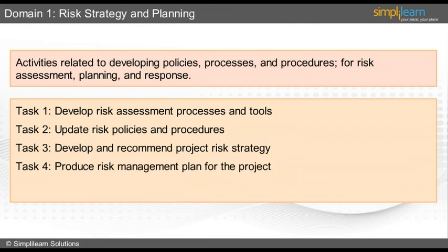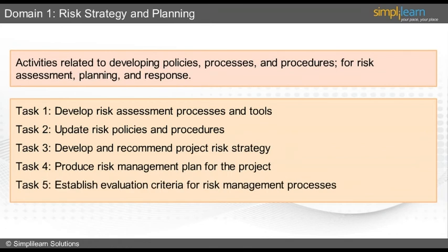Task 4 is to produce the risk management plan for the project on the basis of inputs from project information, external factors, stakeholder inputs, industry policies and procedures in order to define, fund, and staff effective risk management processes. The fifth and last task is to establish evaluation criteria for risk management processes based on baselines and objectives in order to measure effectiveness of the project risk process.